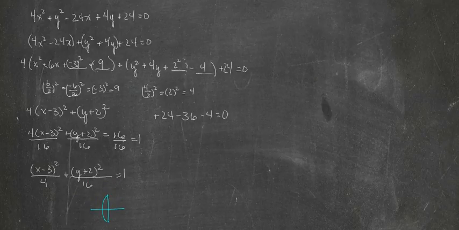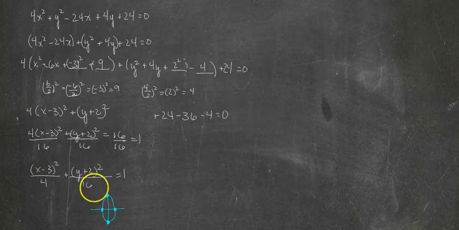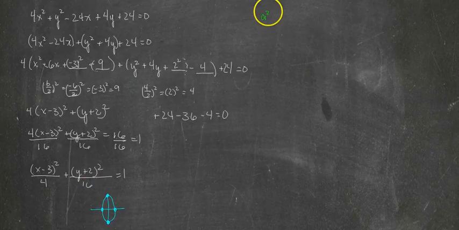So this time I'm going to end up with a vertical ellipse, meaning that my vertices are going to be in the up-down direction and my co-vertices are going to be in the right-left direction. And so we have to make adjustments when we're graphing this to fit that. So let's get our details first. A squared, we just typically call A whatever the biggest one is. And so A squared equals 16.